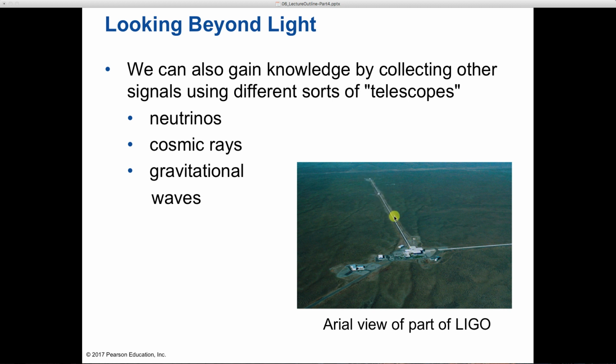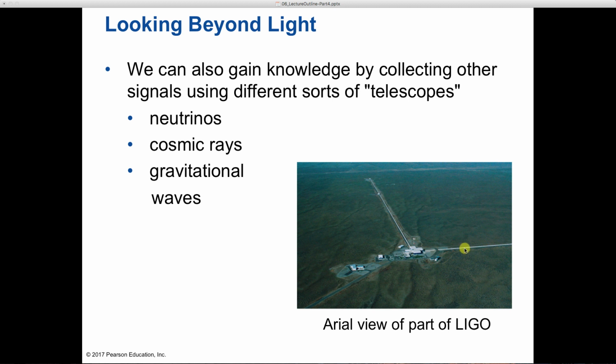It's two really long tubes that they send a laser down. There's a mirror at the end. One laser beam goes this way, bounces off the mirror and comes back. The other laser beam goes this way, bounces off a mirror and comes back. When those 2 laser beams combine, they form a particular pattern, what they call an interference pattern. And if a gravity wave comes along, it can very gradually change the length of one tube compared to the other.